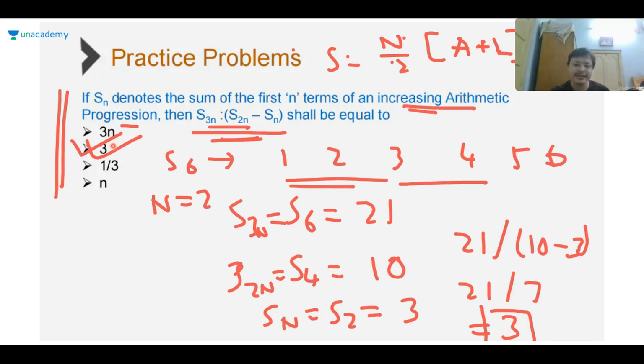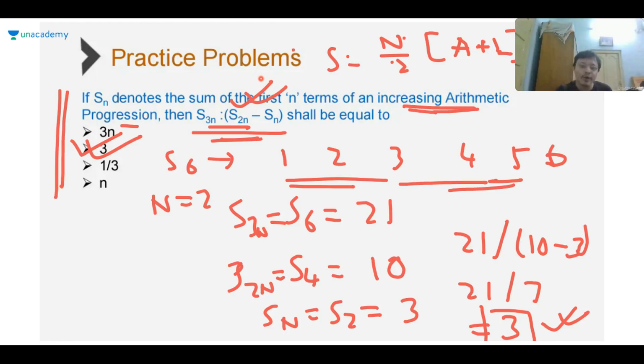Note, had you taken any other increasing arithmetic progression, you'd have ended up with the same answer, that is 3. So it doesn't matter what progression you take, just take a simple, easy to observe arithmetic progression, put in the numbers, and just add 2, 3, 4, 5, or 6 numbers, and you can mark this answer in 30 seconds.